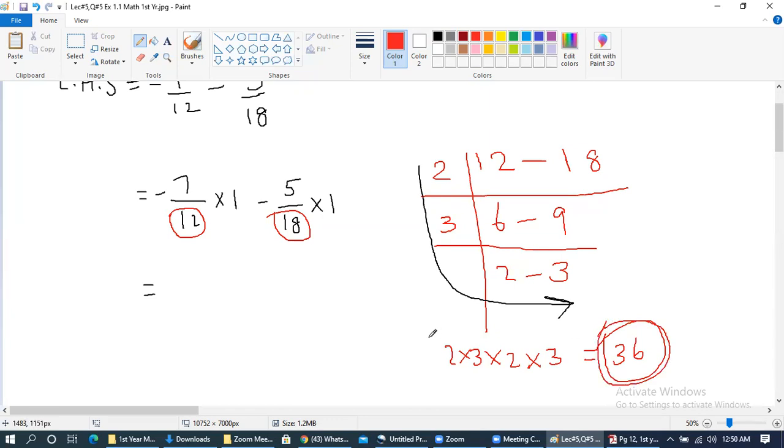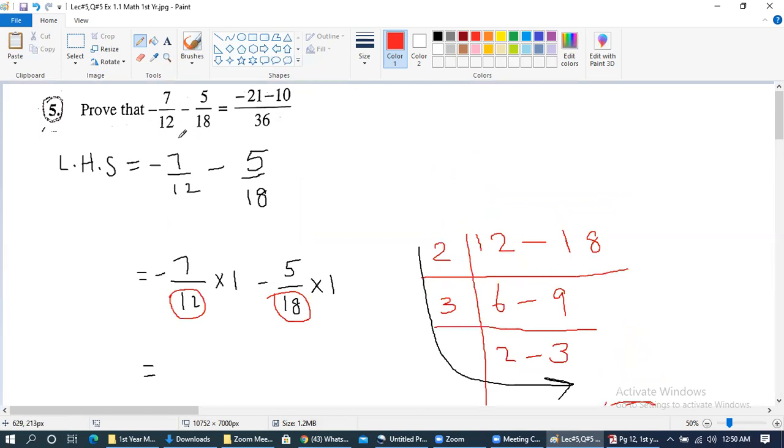If you forget or you don't have enough time to find it, there is another method. It's a trick: it is already written on the right hand side in the denominator. So you have the clue that 12 and 18 both must be converted into 36.